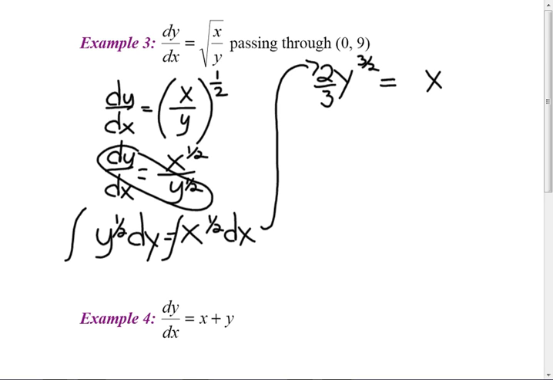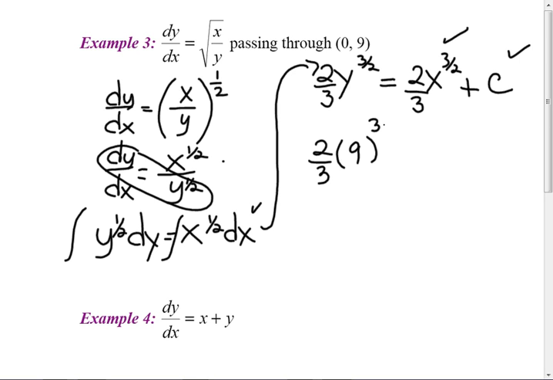It's x to the 3/2 times 2/3. It's the same integral, right? Plus c. Okay, so we have the antiderivative, we have the separating, which is right here, and we have the c. We are at 3 points. Now we're going to get our 4th point, so we're going to put in 0, 9. So where does 9 go? Good. Because it does matter. They get particular about that, with the particular solution.